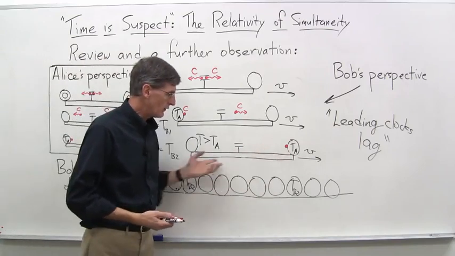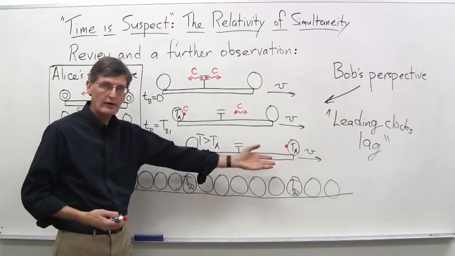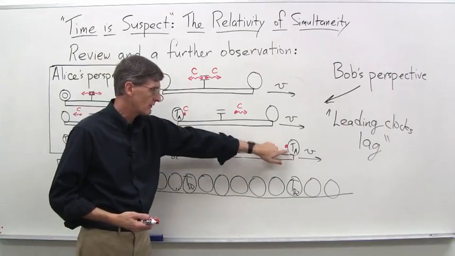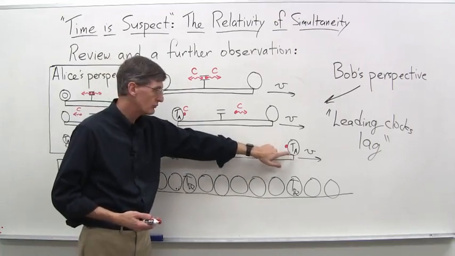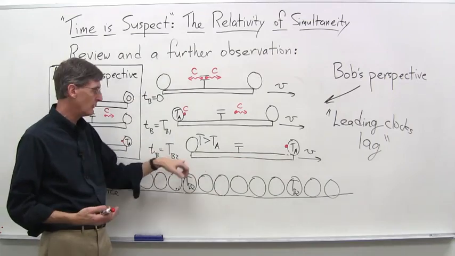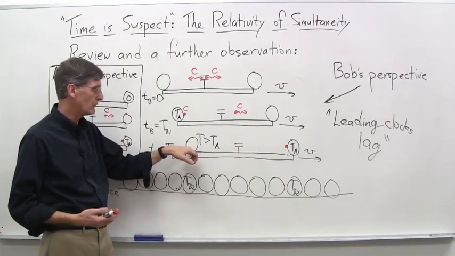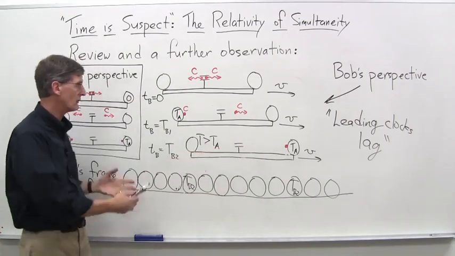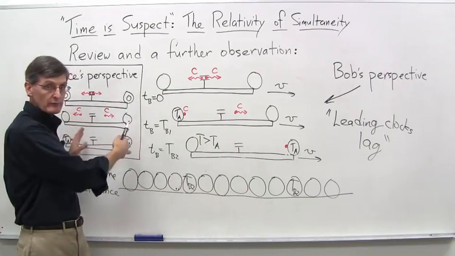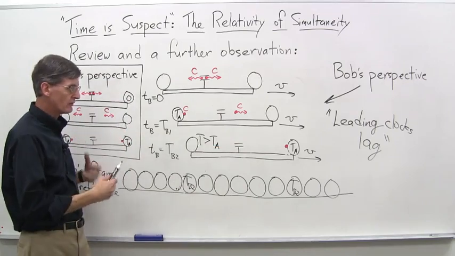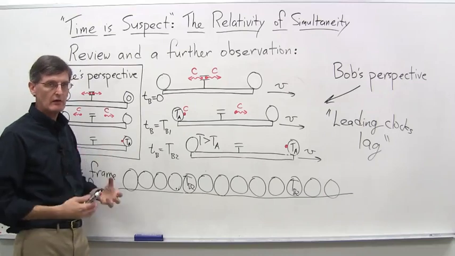If you have a set of clocks moving by you at a high velocity, the clock that's leading will trail, in terms of its timekeeping, the clock back here, assuming that their clocks were synchronized in their own frame of reference, in Alice's frame of reference here. So just remember that principle, leading clocks lag.